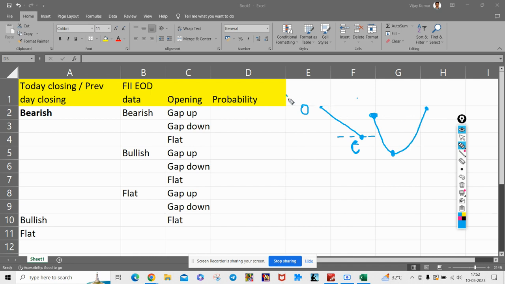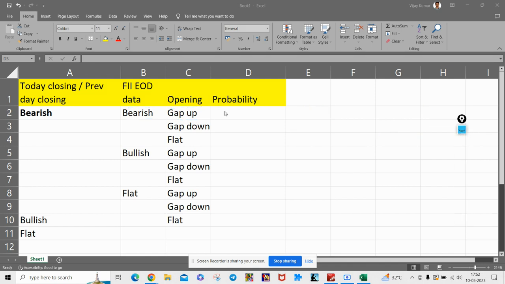So this is case number one, which happened today, where the bearish position was there and the market gapped up and it came down. Why? Because the bearish positions were there, and then from here you could see some bit of put writing in the day, and the market went on to close higher. Now the second case, so let me write this down.